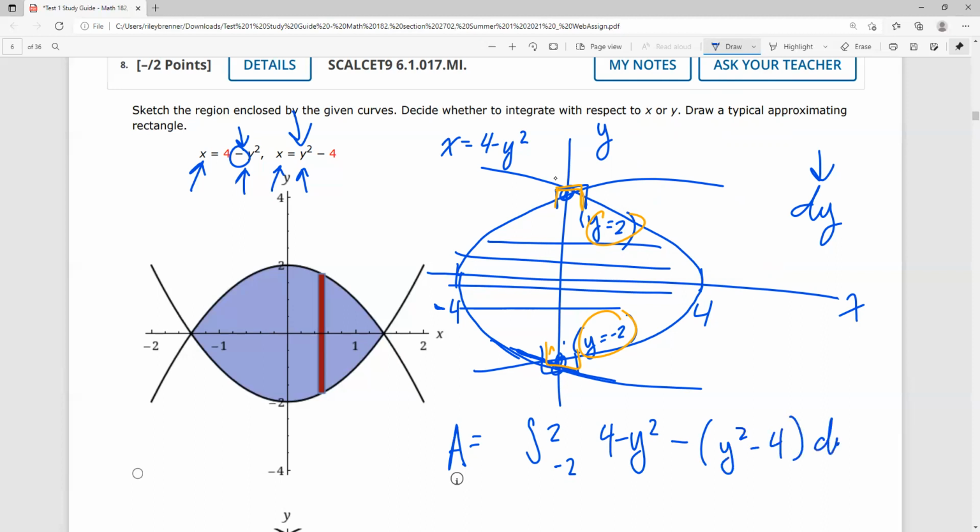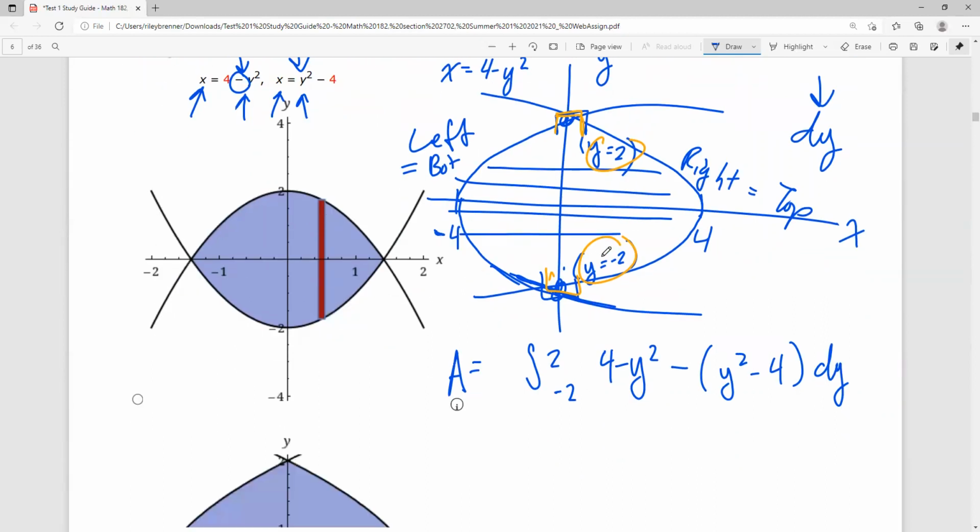And if you're ever integrating in terms of y, or horizontally, you can sort of replace top minus bottom with right minus left, right? Because the rightmost is equal to your top, and the leftmost is equal to the bottom. There are little things you can switch up if you need to, whatever makes it easier to remember.